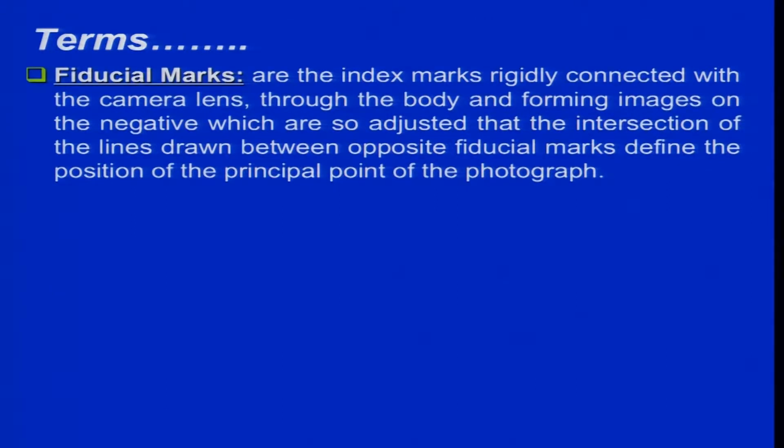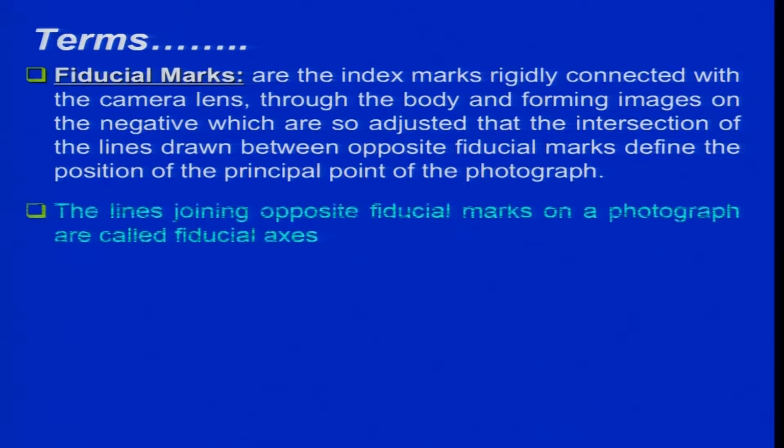That is the frame which we have, which will create an image on the negative, which are so adjusted that the intersection of the lines drawn between opposite fiducial marks defines the position of the principal point of the photograph. The lines joining opposite fiducial marks on a photograph are called fiducial axes. Okay.